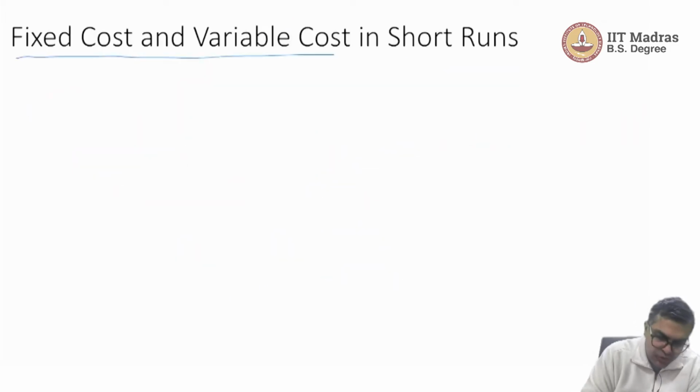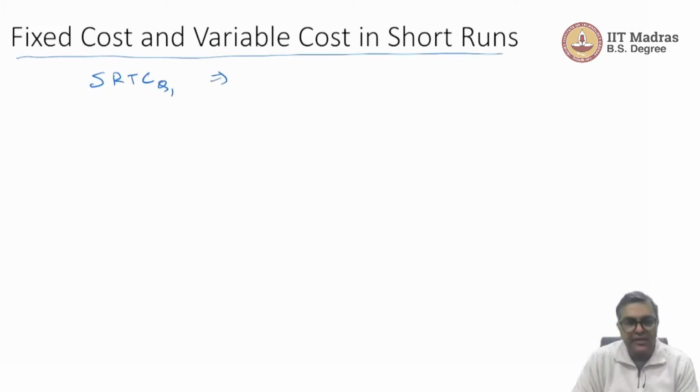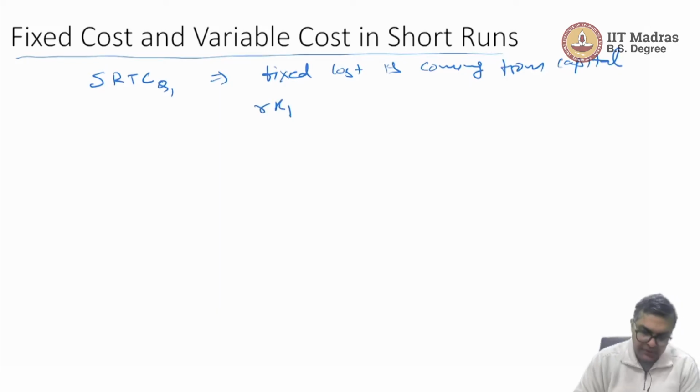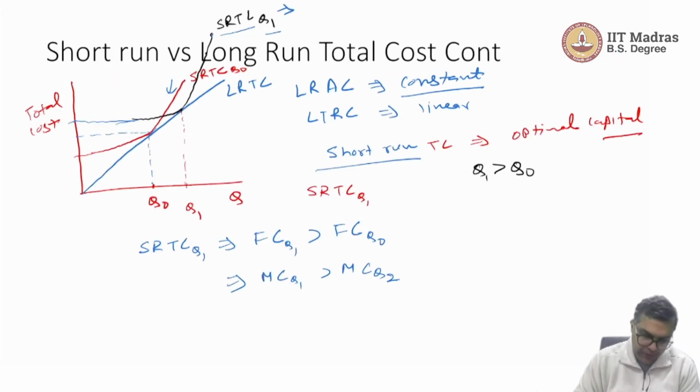So, first let us look at the fixed cost. When we talk about short run total cost at Q1, how are we getting the fixed cost? The fixed cost is coming from capital. So, RK1 is the fixed cost, and the manager is not allowed to vary this.